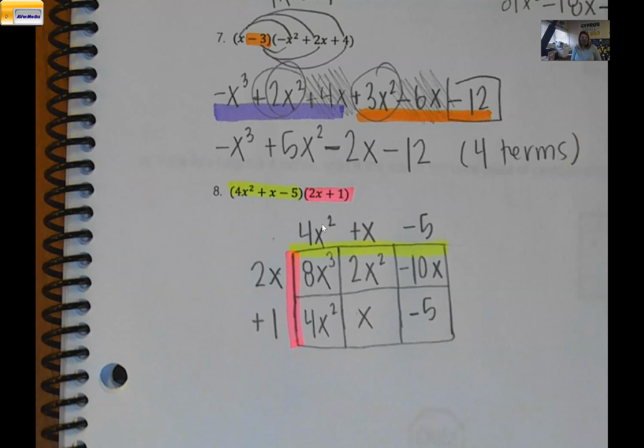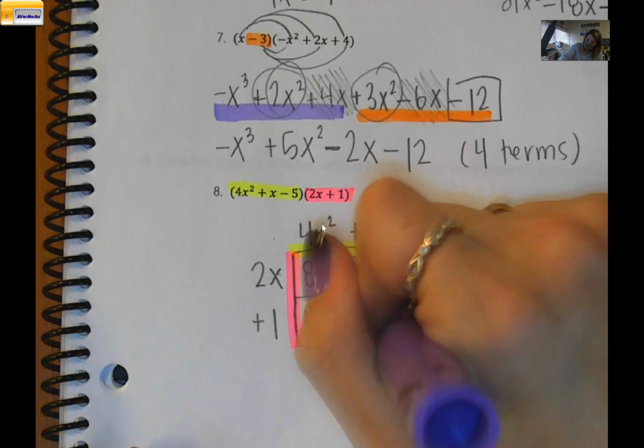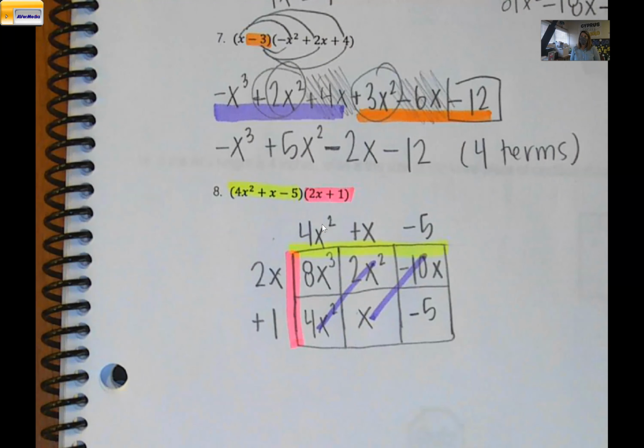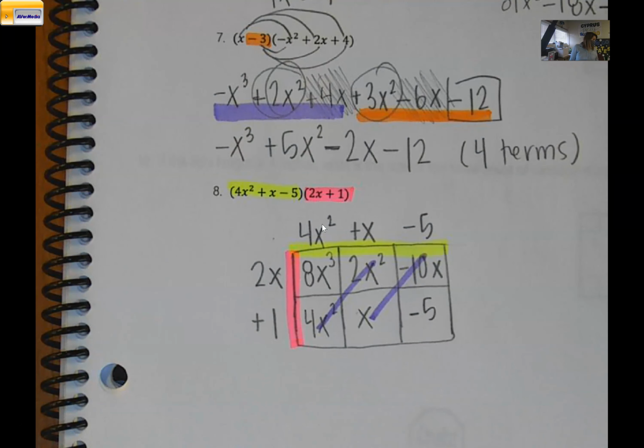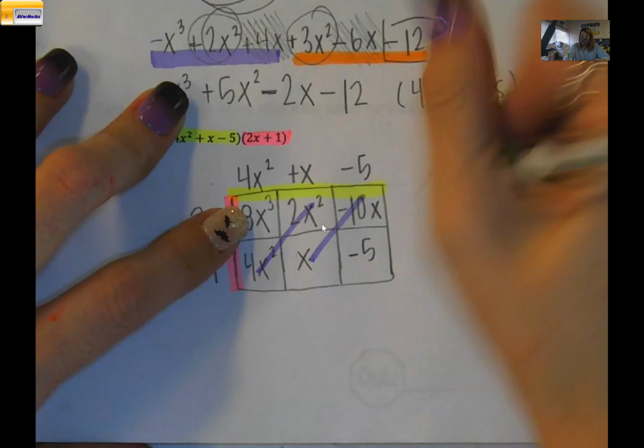When you do box method, you always combine the diagonals. So now when you look at this, you can combine these two numbers and these two numbers. It'll always work that way. So now we know our first term is 8x cubed.